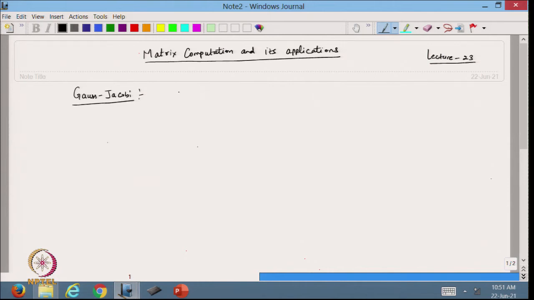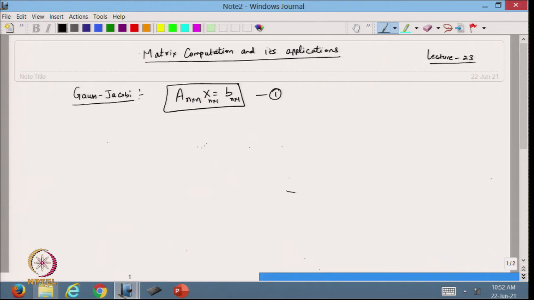So, suppose I have a matrix A that is n cross n, and we have a system of equations Ax is equal to b, where x is n cross 1 and b is n cross 1. This is a very big system.